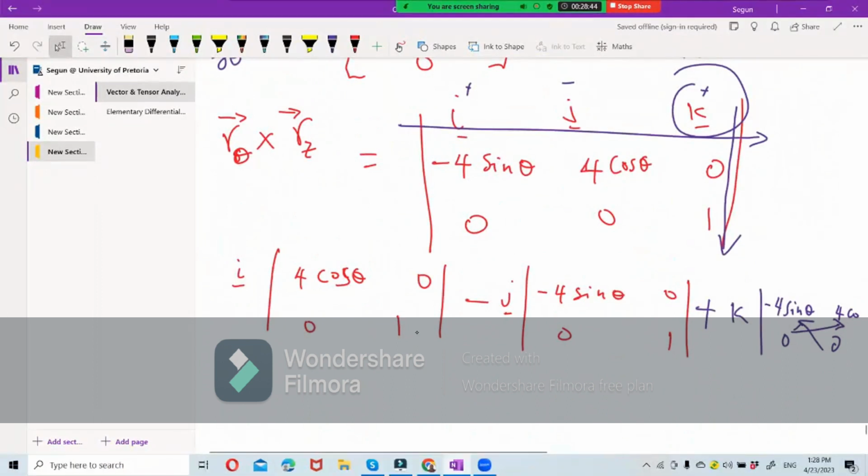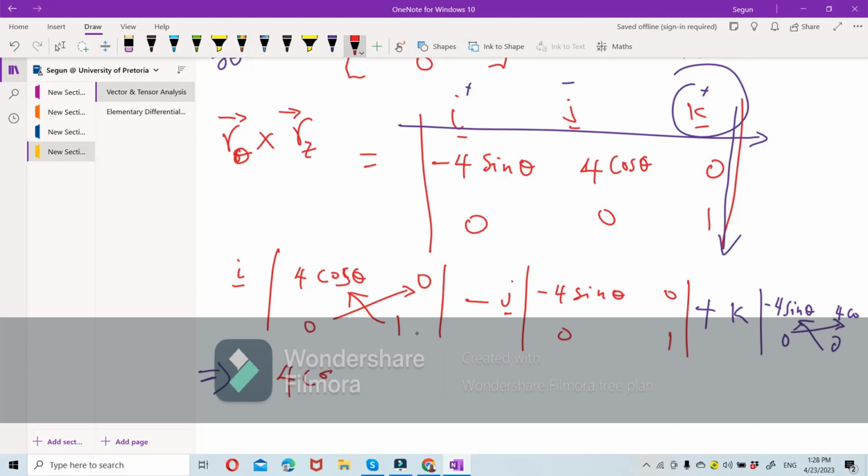Now, we're left with this. So we can continue from here by solving this one. What do we have here? This will multiply this will multiply this. So when they multiply themselves, what do we have? At the end of the day, we have 4 cos theta here. The minus is 0.